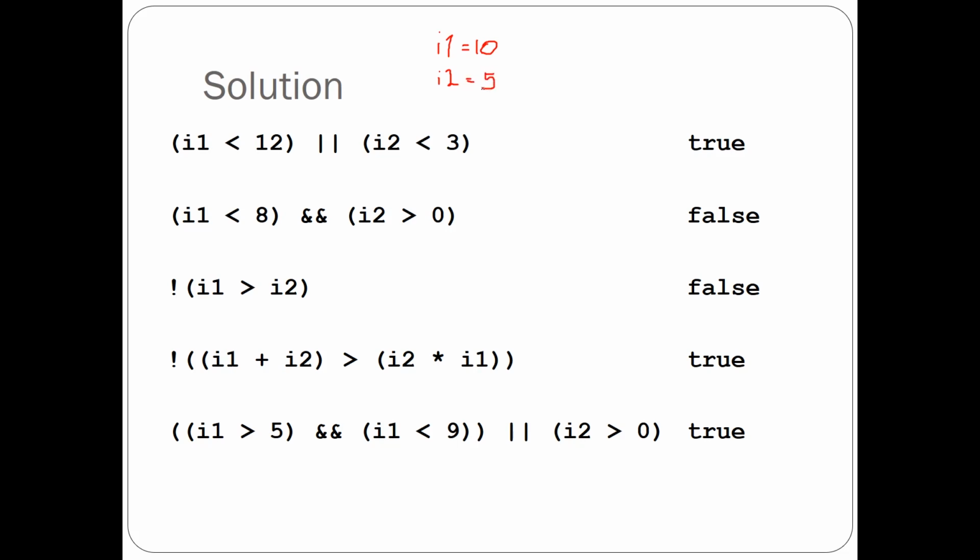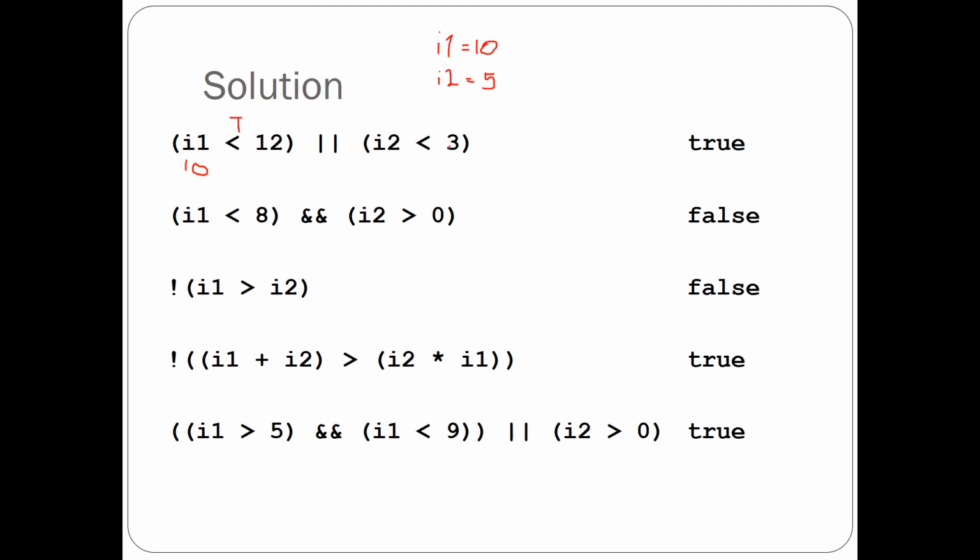So let's transpose those values into these and see if we actually come up with our answers. When we look at these, we try and work out both sides, and then we do the logical operator last. So let's remember, I1 is less than 12. Well, I1 is 10. Is 10 less than 12? Well, that produces a true.